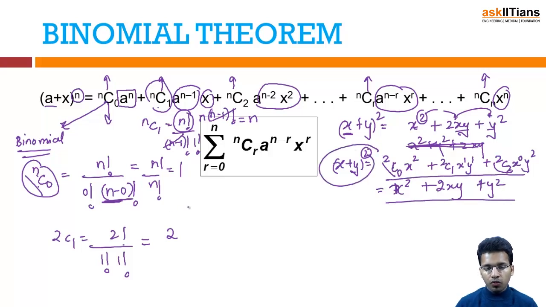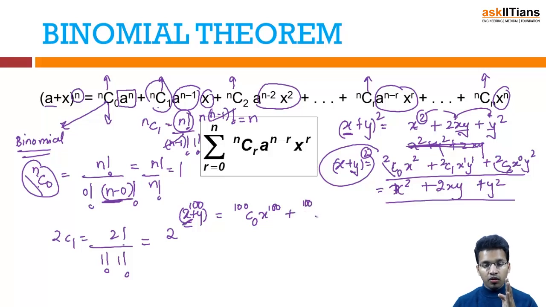Now if I give you (x plus y) raised to power 100, you don't need to worry. How will you write it? 100 as a superscript, then C0 you start, with the first term having the highest power, x raised to power 100. Plus, the upper one will always be the same, the superscript; only the subscript will change, increasing by 1.